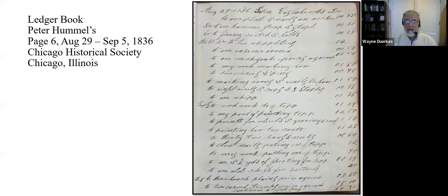The next kind of book that you're going to come across is the ledger book. And here's Peter Hummel's ledger book. And what the ledger book is, this is a relationship with the day book that's very important. So in the day book, they're marking down each customer as they come in, what they're doing. And then what they'll do is they'll take, like in this case, Mr. Easterbrook, and they'll put the date he came in and the transactions he did.